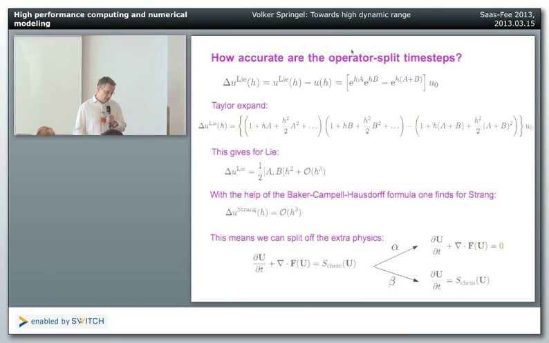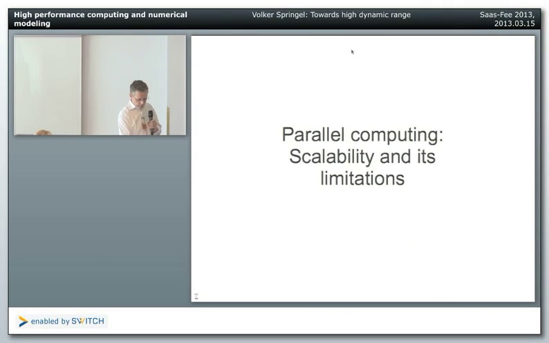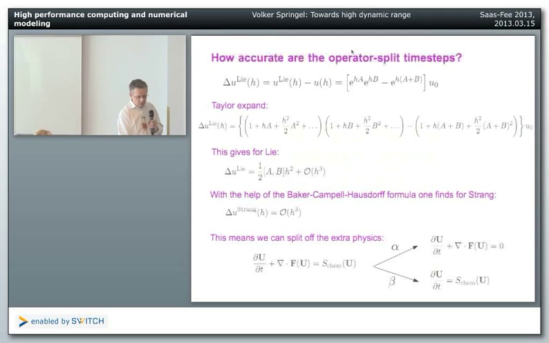And this extra physics might also require much shorter time steps. Then you would call this subcycling, right? You could, for example, subcycle a chemistry part. But this would be mathematically completely fine, and you can actually even formally estimate the error that you make by doing this sort of decoupling. And this Strang split is of great help, and in fact, we already saw that twice before, right?